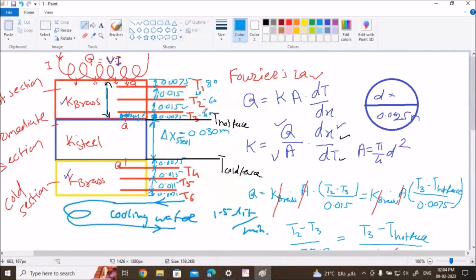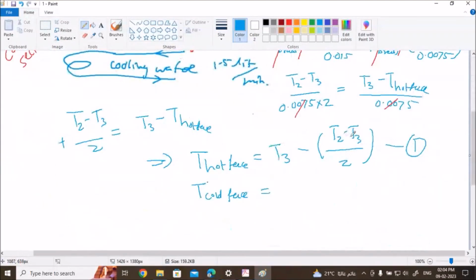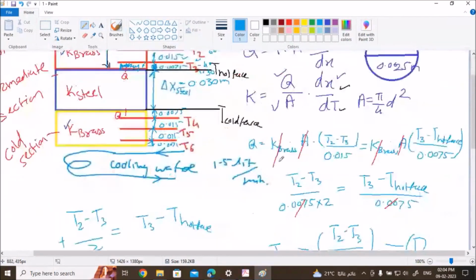For x distance, the drop is 20. For half the distance, how much? 10. So 60 minus 40 divided by 2, that is 20 divided by 2, 10. And this is 40, so 40 minus 10 is 30.